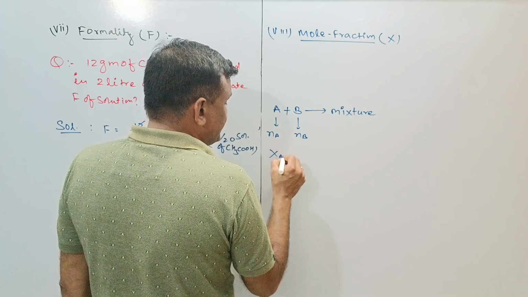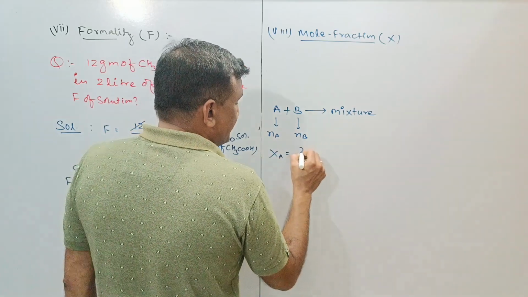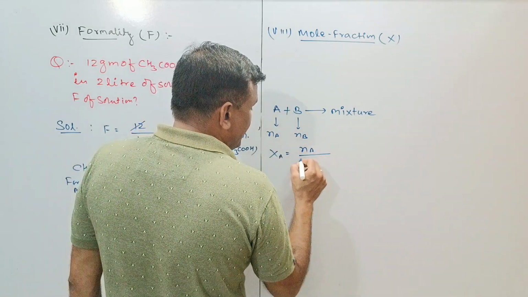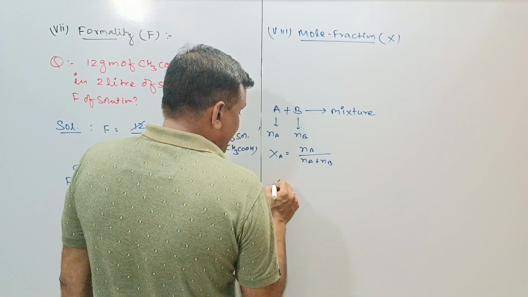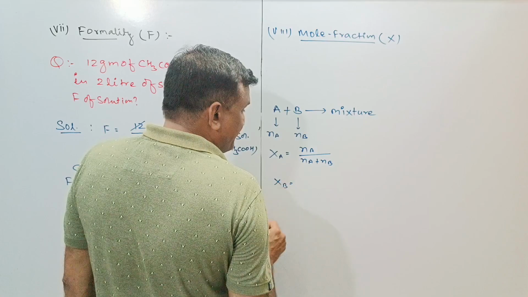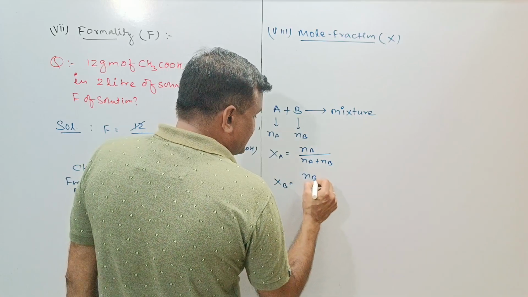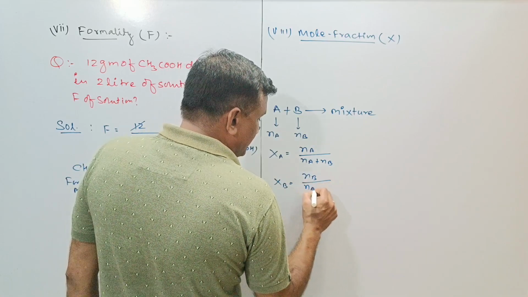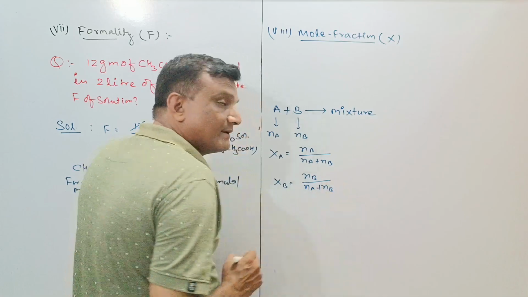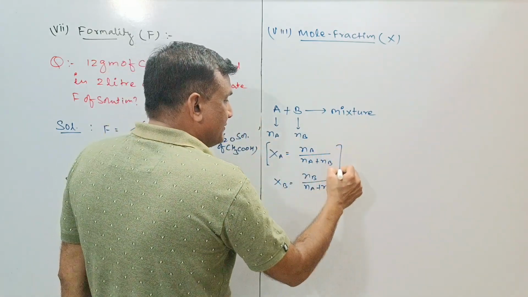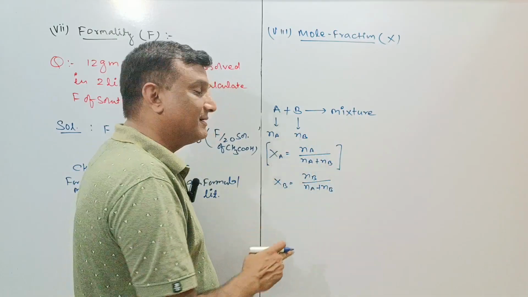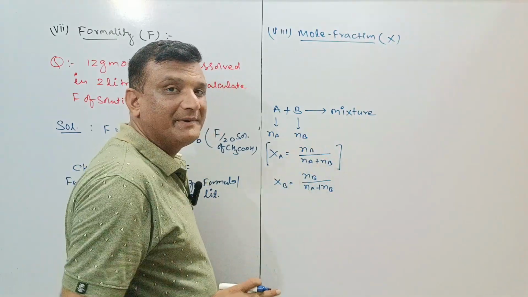XA, the mole fraction of A, what will it be? This will be moles of A upon total moles of mixture, Na plus Nb, and if we go with the mole fraction of B, then we take total moles of B upon total moles of mixture. So what can I say? It's a ratio of total moles of a particular component and total moles of mixture.